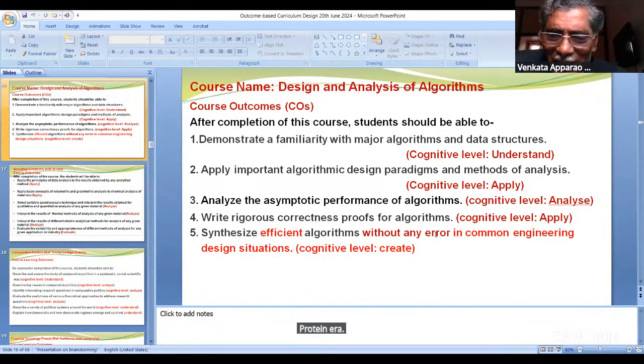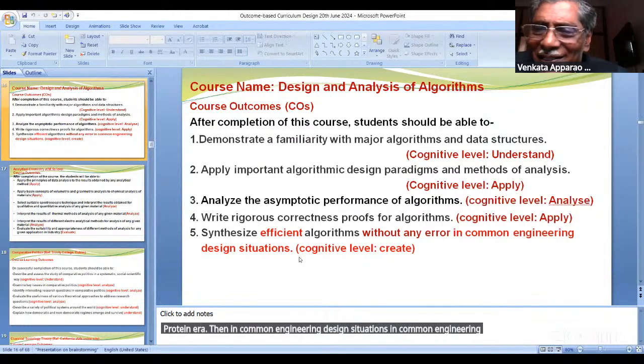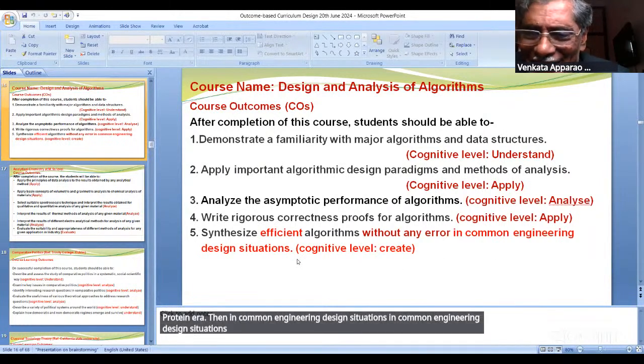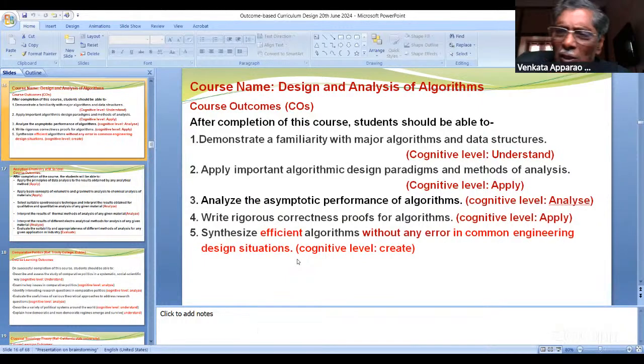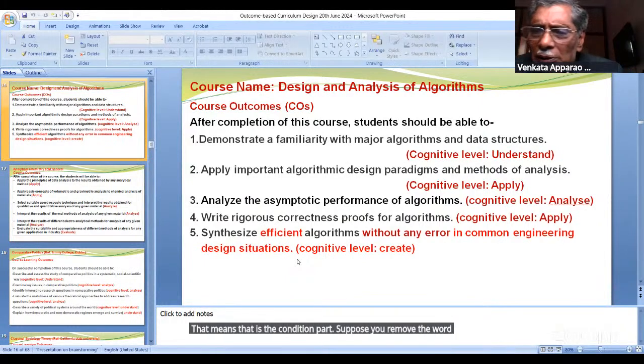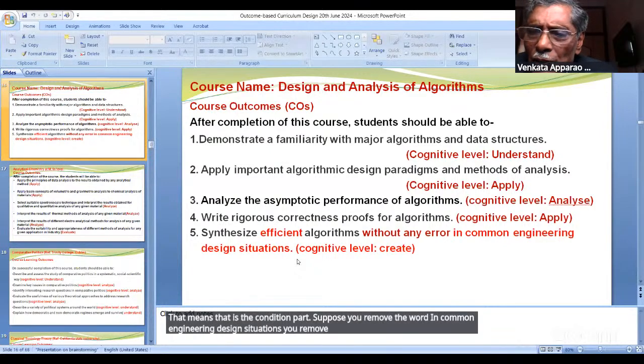Then in common engineering design situations, that is the context. That means that is the condition part. Suppose you remove the words in common engineering design situations, and you only have synthesize efficient algorithms without any error.